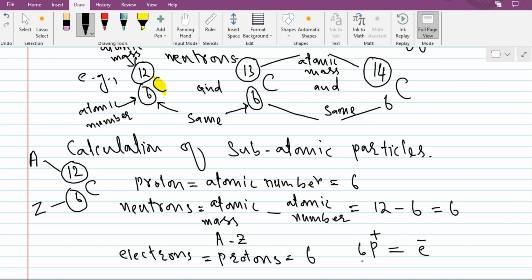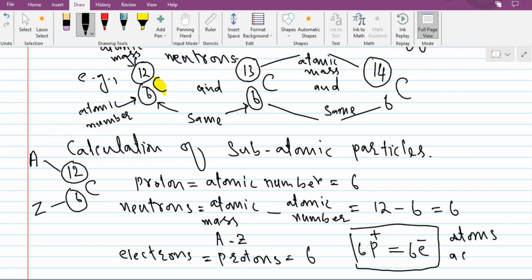As there are 6 protons, meaning 6 positive particles, and 6 negatively charged electrons, they cancel the effect of each other and the atom becomes overall neutral.